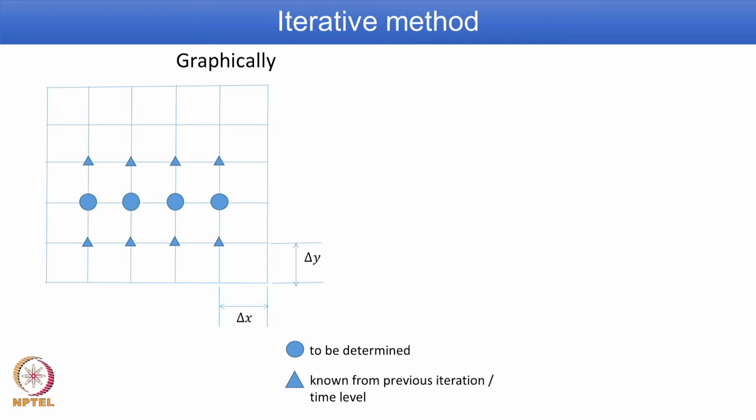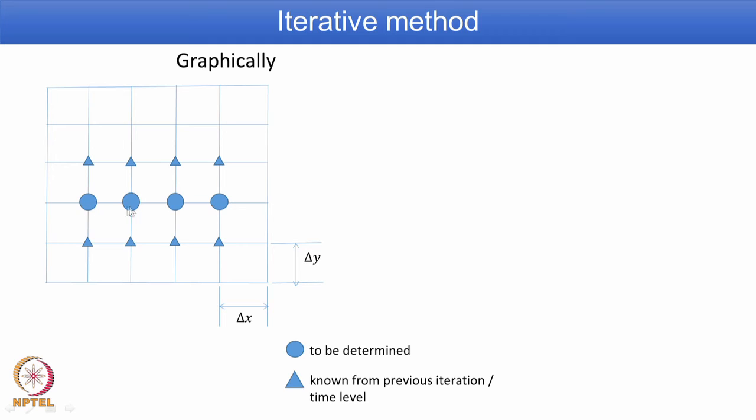Graphically, the line iteration procedure is shown. So, initially you have values along this particular j node not known, and previously iterated values are shown by the triangle, or from the previous known time level or previous iterated values are shown again with a triangle.